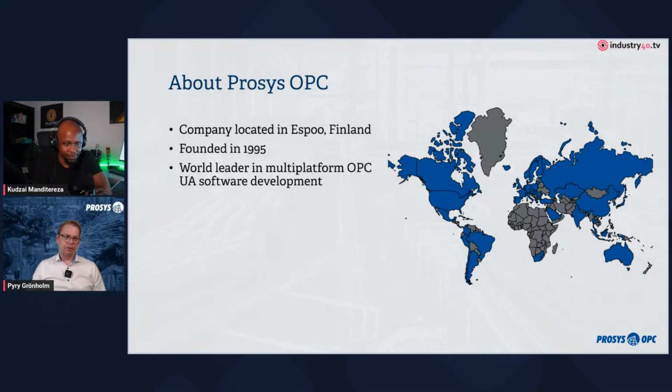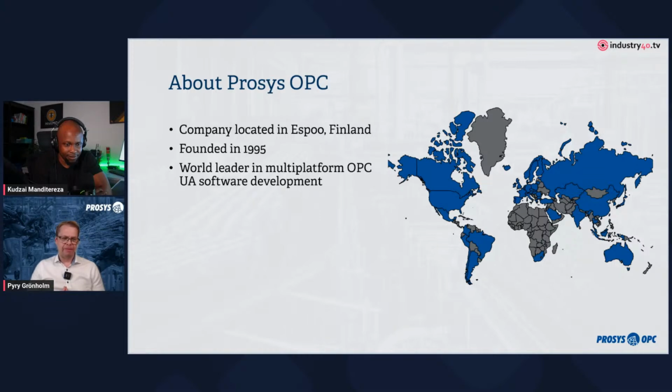Then a few facts. We have been here for quite a while. Of course, we have been forced to change our approach a few times, although we have done industrial software all the time. But of course, OPC didn't exist in 1995 when the company was founded.